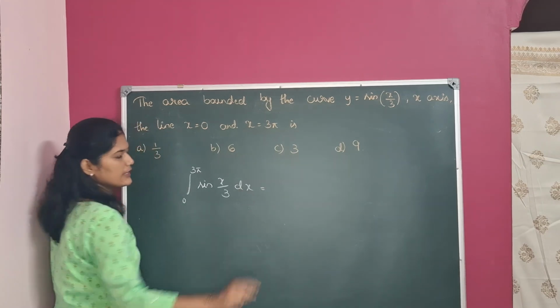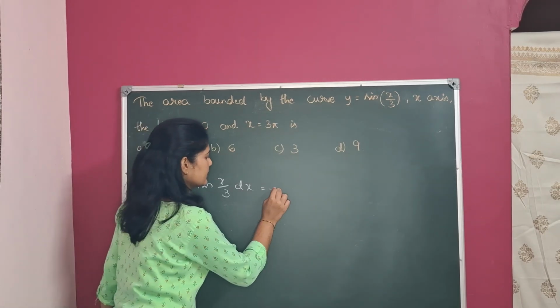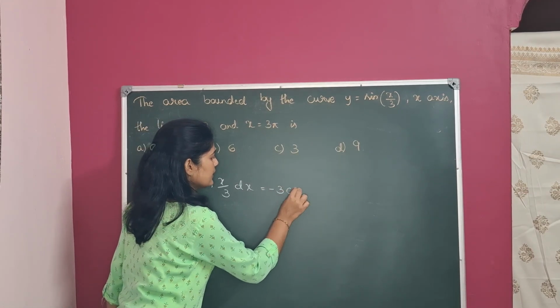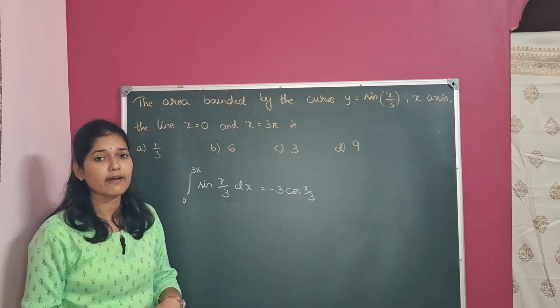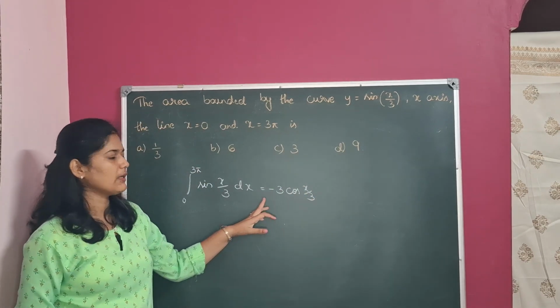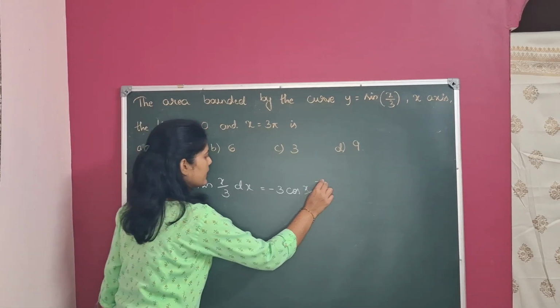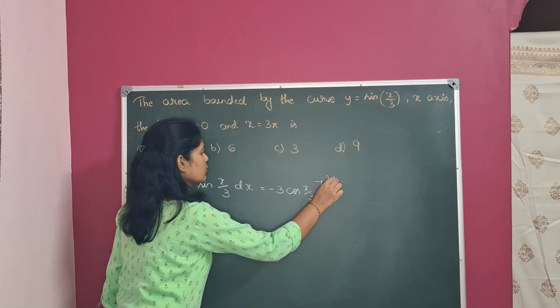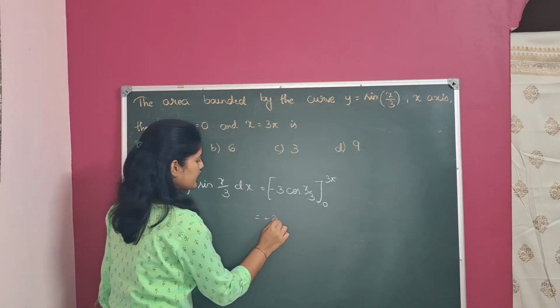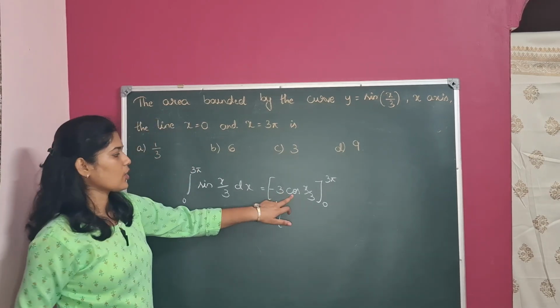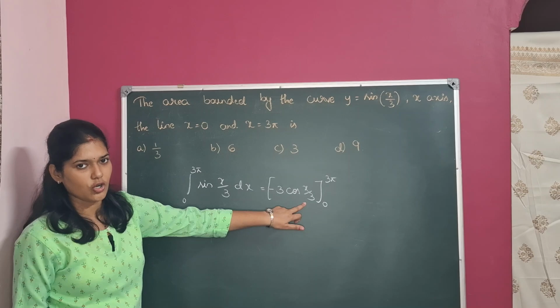We know that the integral of sin x by 3 is minus 3 cos x by 3, since it is minus cos x by 3 divided by 1 by 3, which is nothing but minus 3 cos x by 3 from 0 to 3 pi. If we substitute the value, minus 3 is taken common. Cos 3 pi by 3 means cos pi.